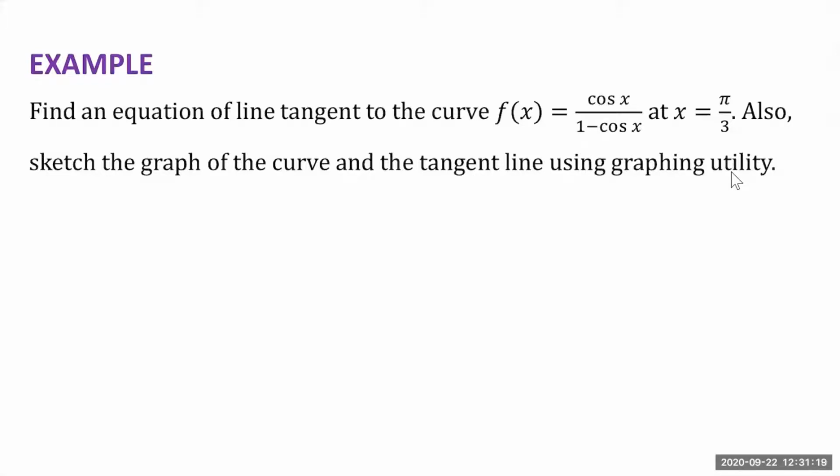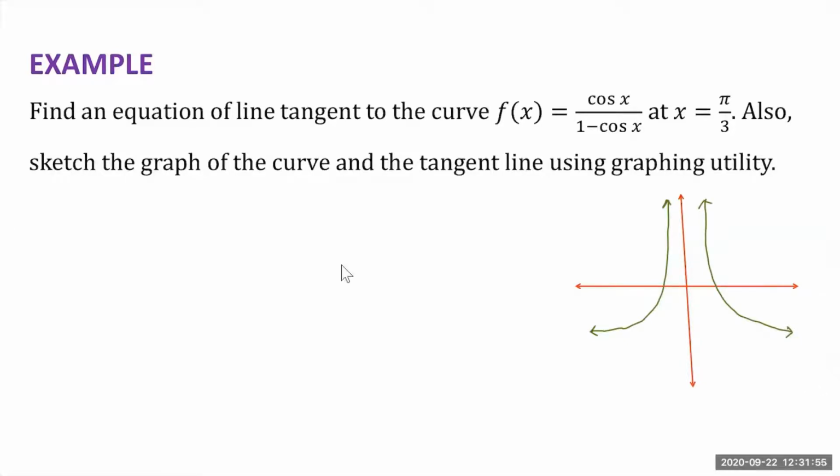This horizontal line is my x-axis, the vertical line is my y-axis. If you sketch that function just around the y-axis, you can use a calculator for this. It will look something like this, and also here, something like that.